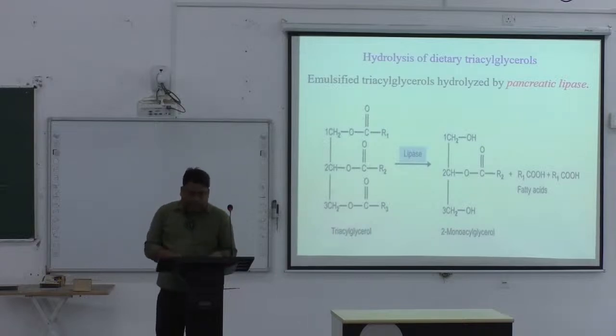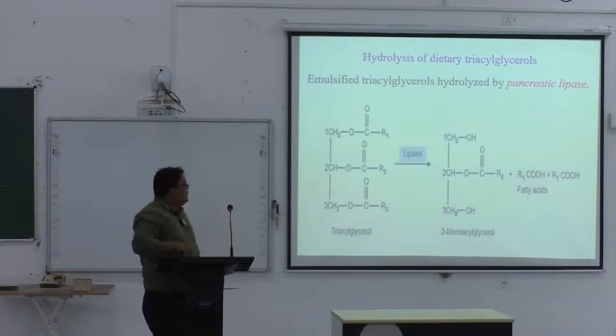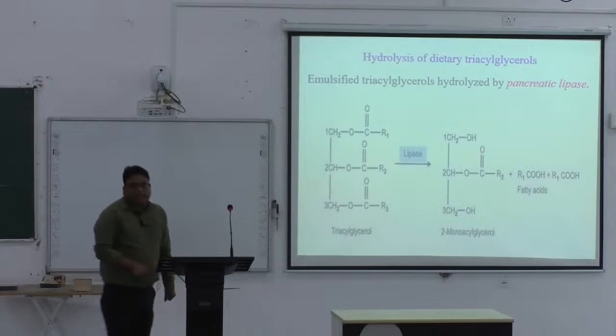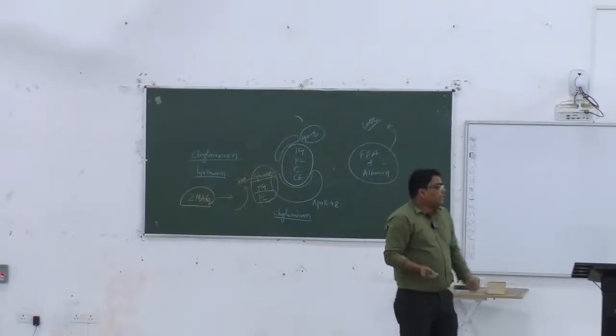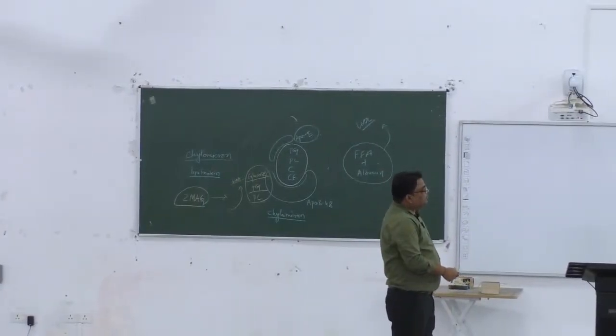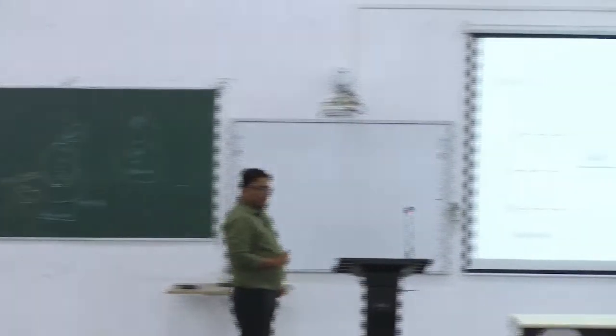Now what happens in the small intestine? There is formation of 2 MAG and free fatty acids by the esterification process. What is esterification? Breakdown of ester bonds. Where are ester bonds present? These are ester bonds. The ester bonds of the fatty acid chains at positions 1 and 3 are broken down by lipase enzymes and form 2 monoacyl glycerol plus free fatty acid molecules.